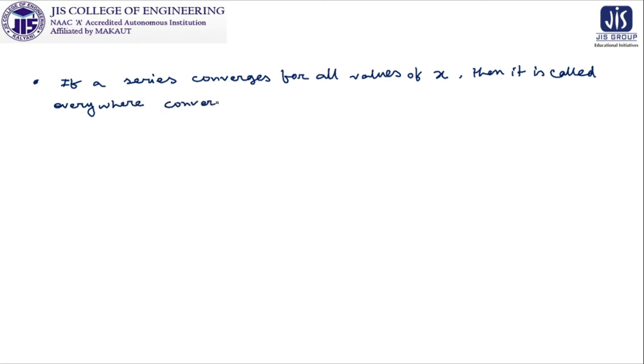Already we got one example where the radius of convergence is infinity. That means that particular series is everywhere convergent, because that series was converging for all values of x.